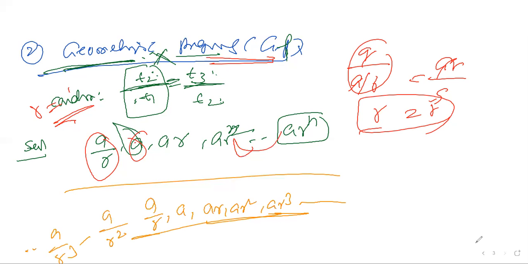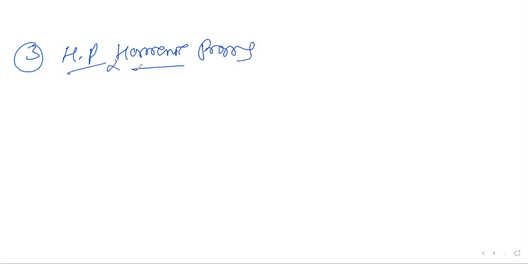Next, the third progression is there. That is the third one, harmonic progression, HP. This harmonic progression is the inverse of arithmetic progression. You can call it the inverse of AP.